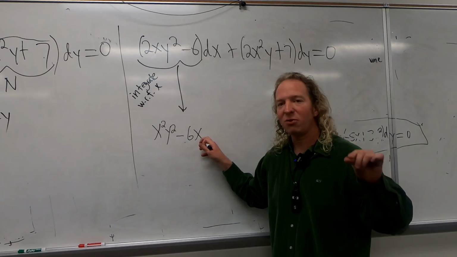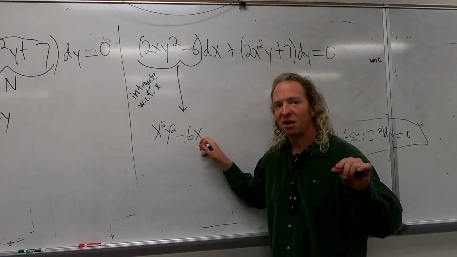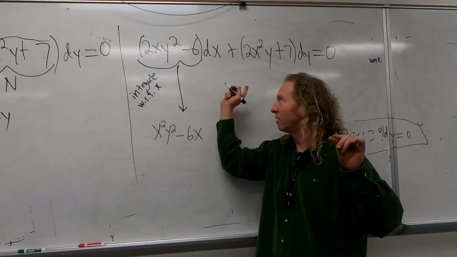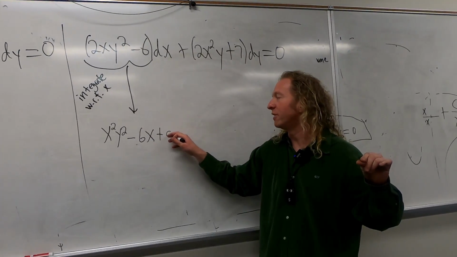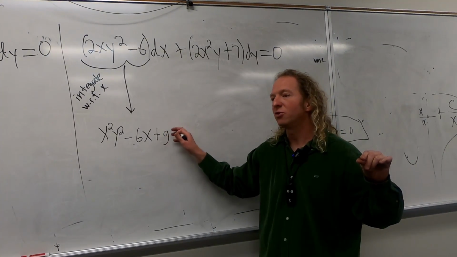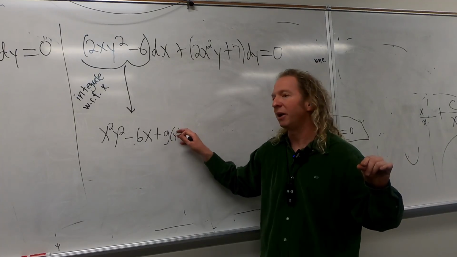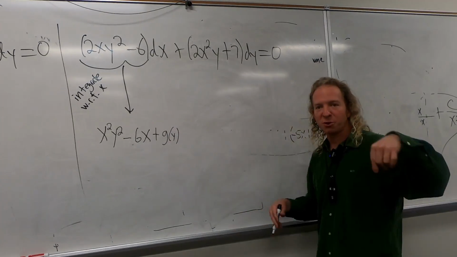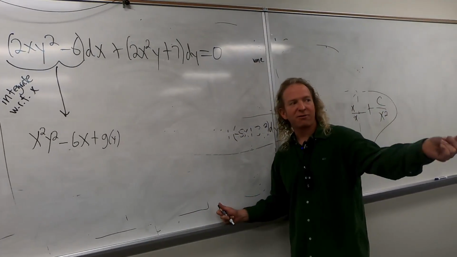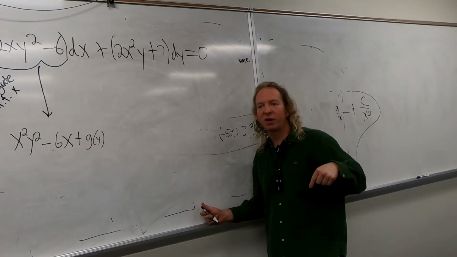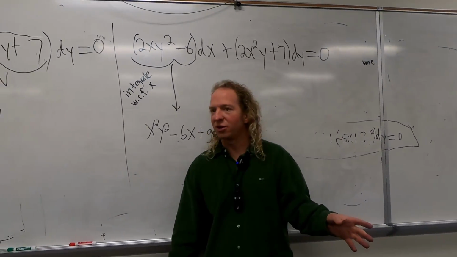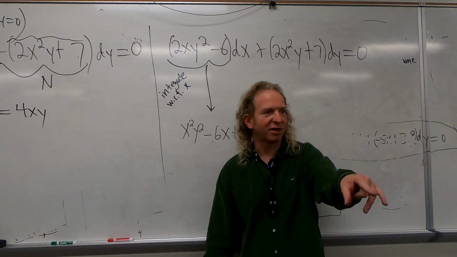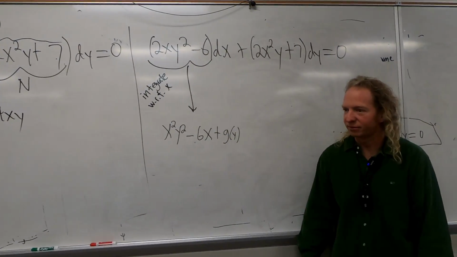And when you integrate with respect to x, because this is a multivariable function, you have to add an unknown function of the other variable. So we have to add g of y. So whenever you integrate with respect to x, you add a function of y. If you integrate with respect to y, you add a function of x. And that's the equivalent of adding a constant.